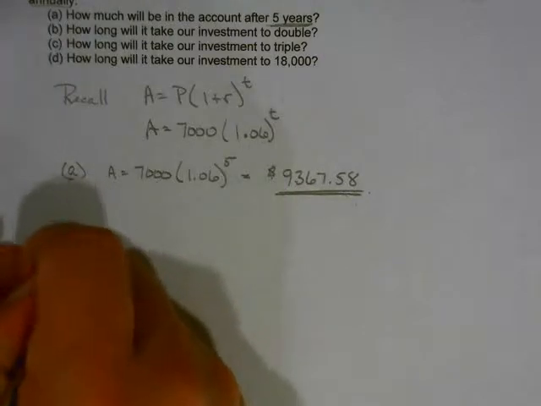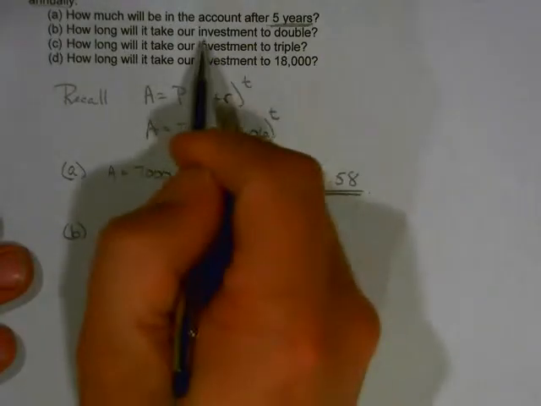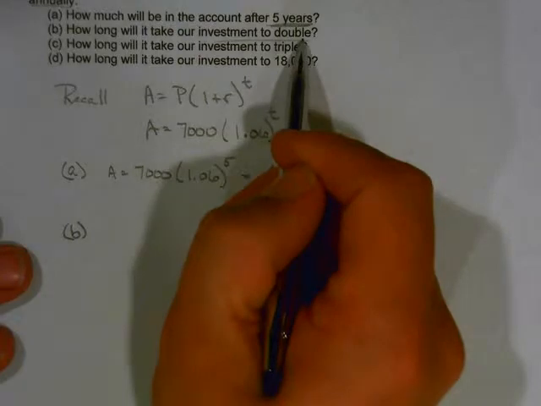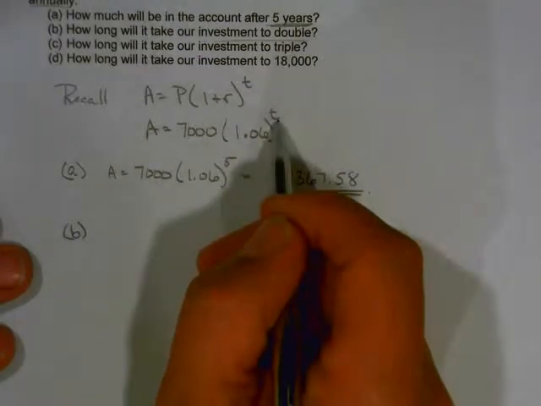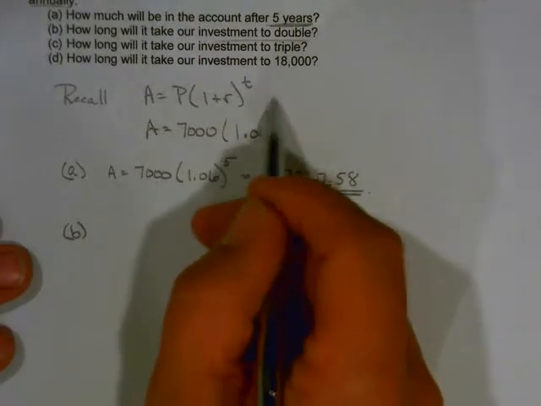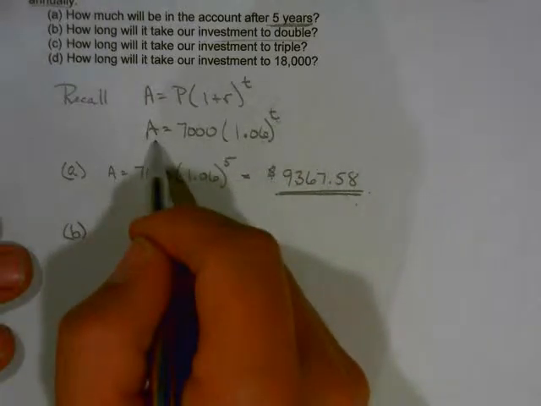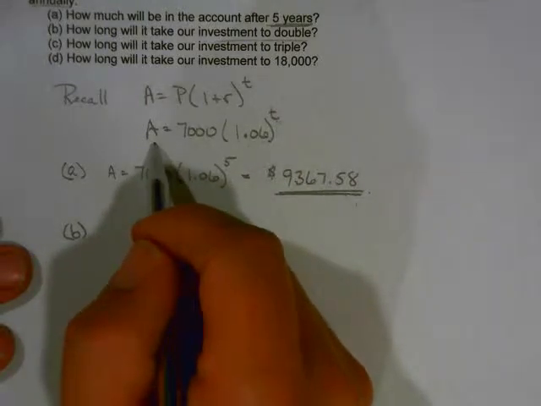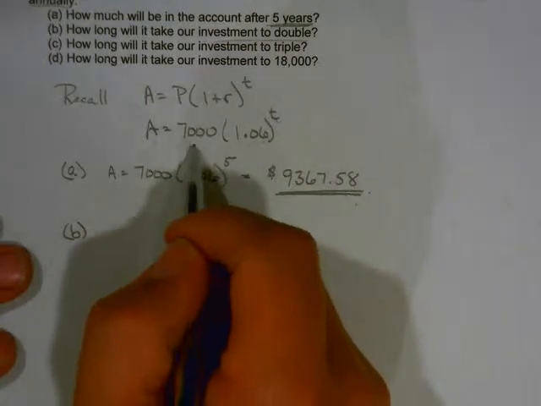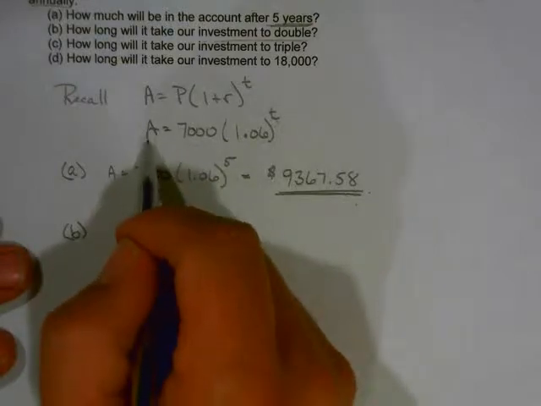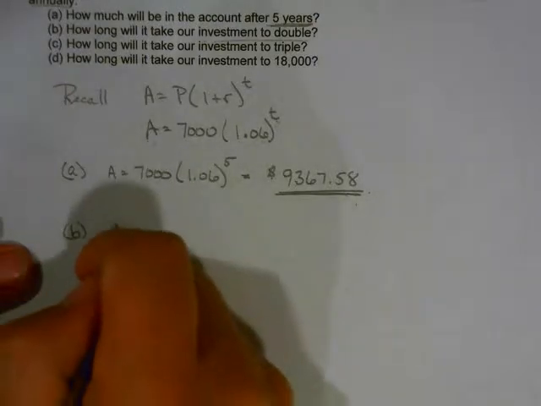Now in B, it wants to know how long it takes for our investment to double. So we're looking for our time. How long? That's our time, and we're given our future value. Double. Well, if it's 7,000 now, double is going to be 14,000.